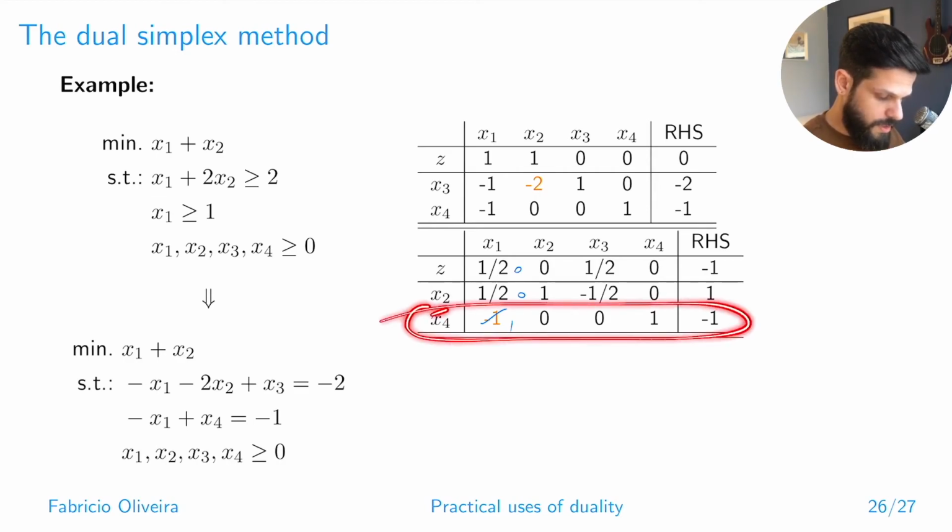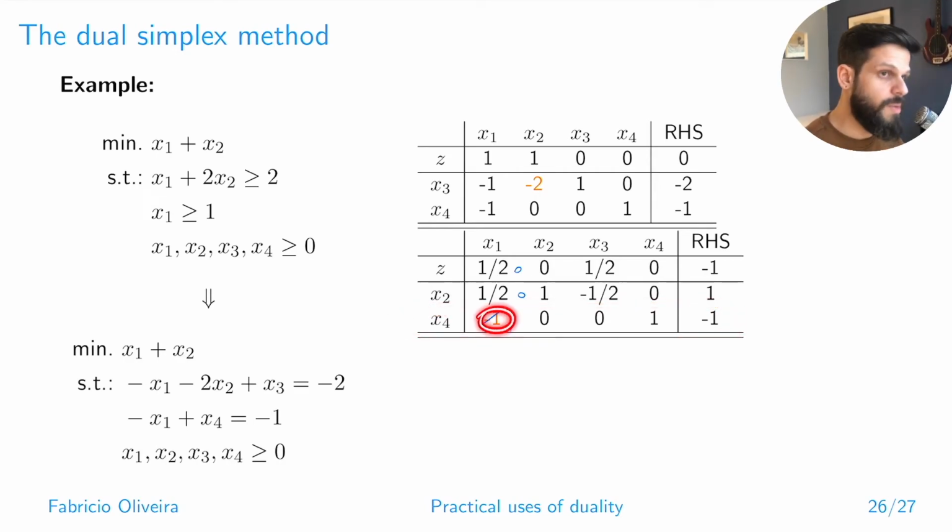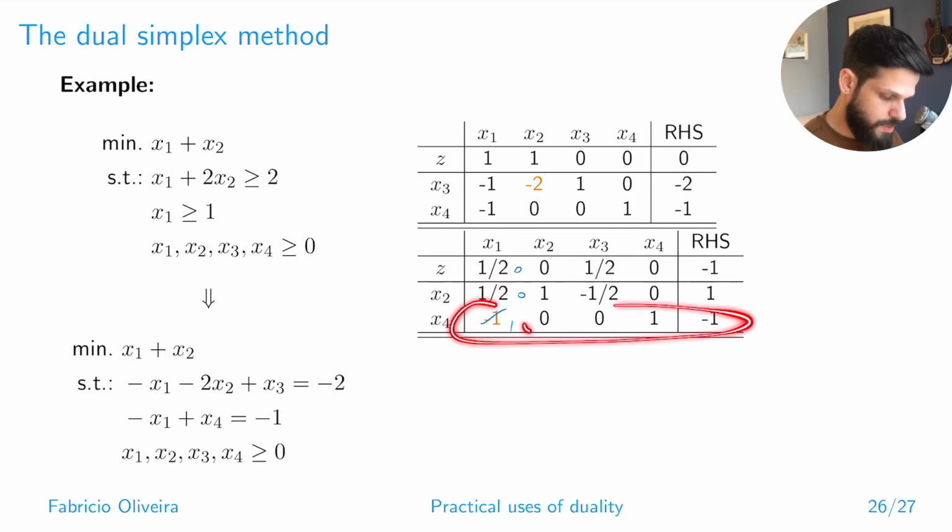Converting this to 1 is simply divide by what is in here, -1. Dividing by -1 is just multiplying by -1. And then what I'll do is multiply by minus what is in here and add the row there. Multiply this row by minus what is in here and add that row there.